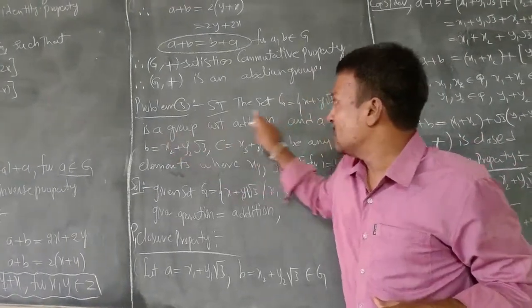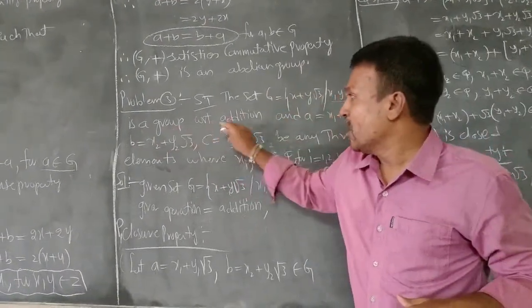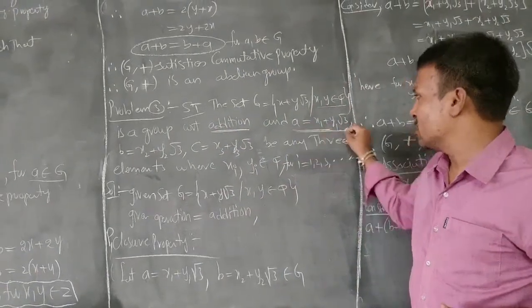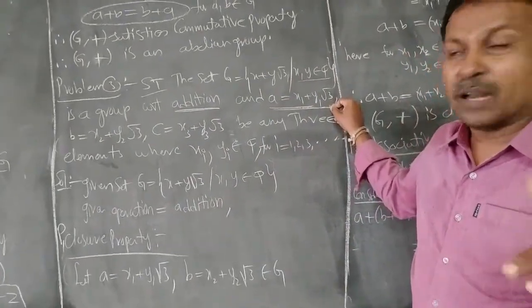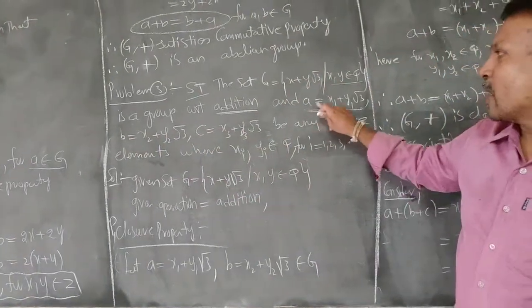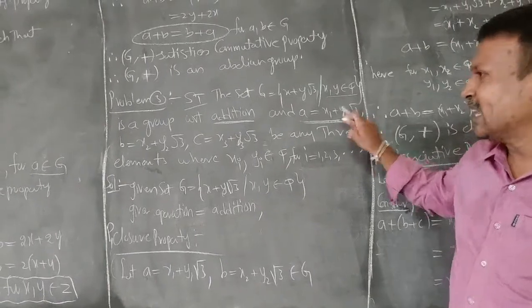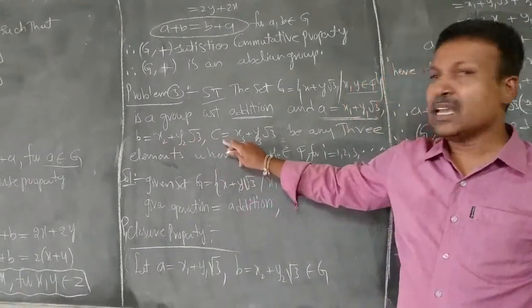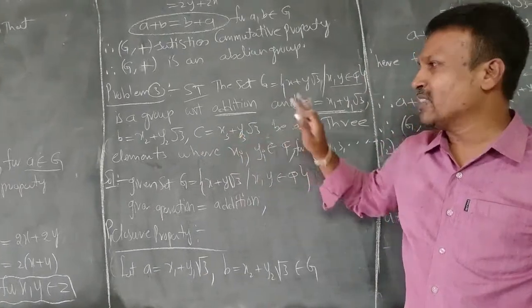We have to prove that this set G is a group with respect to addition, and they have given 3 elements, that is A, B, C. A is of the form x1 plus y1 root 3, B is of the form x2 plus y2 root 3, and C is of the form x3 plus y3 root 3.